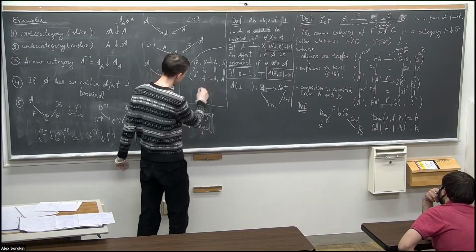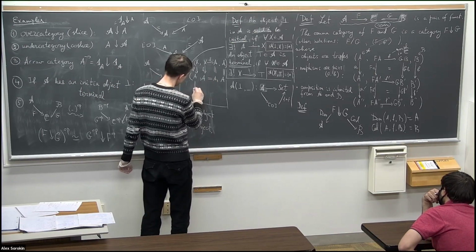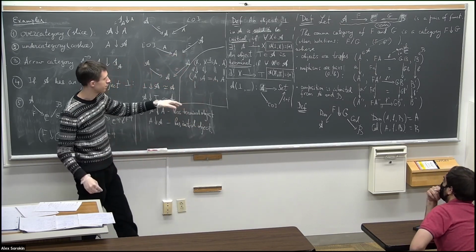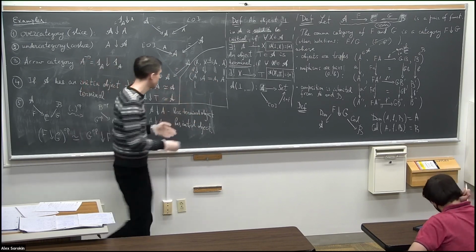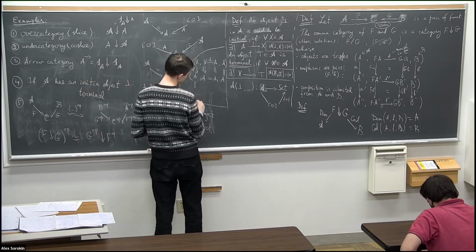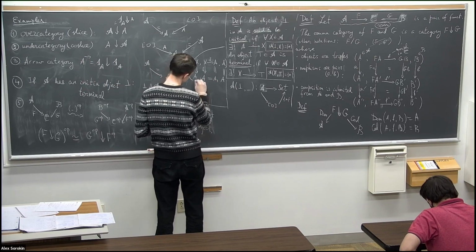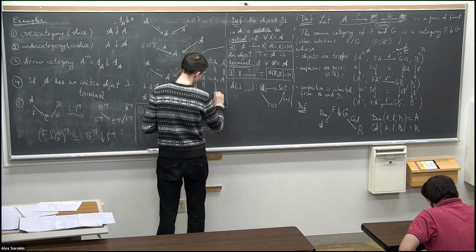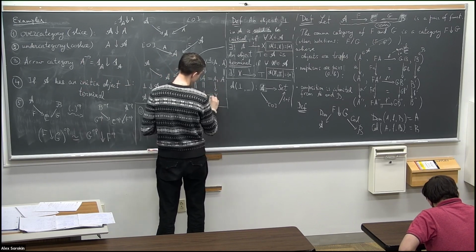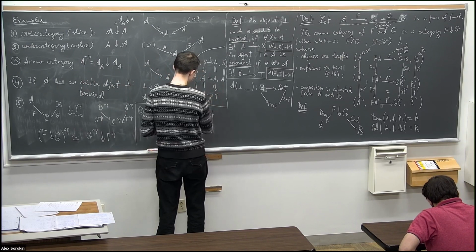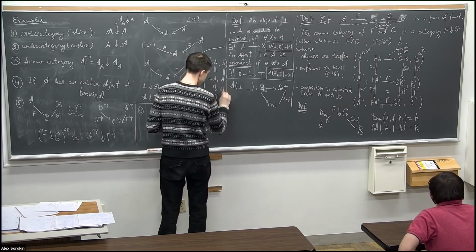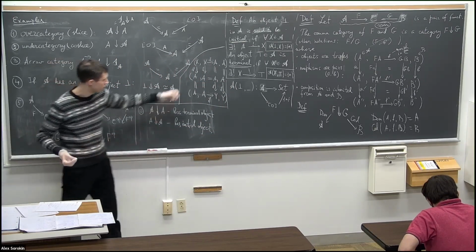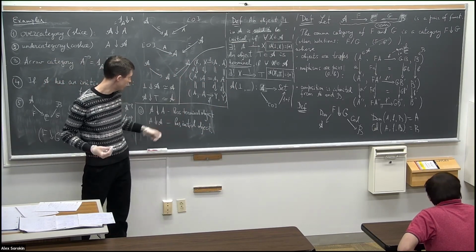And always from this object, that's a separate story for the initial one. Don't mess it up. If you have from A to A, A to Y, to G. So here is an initial object of this category.